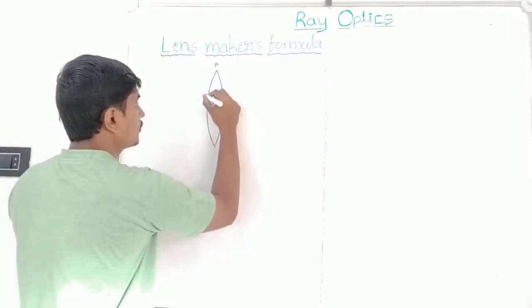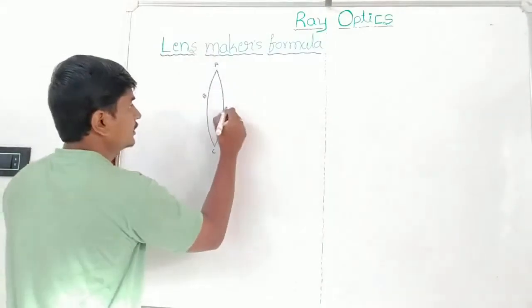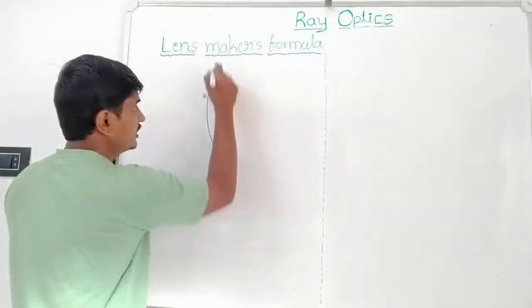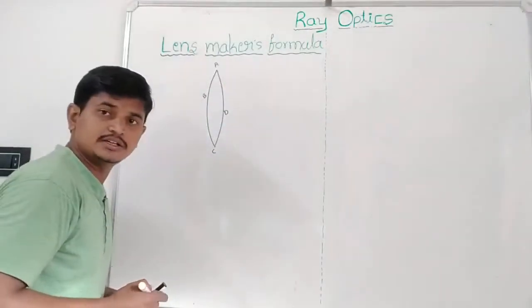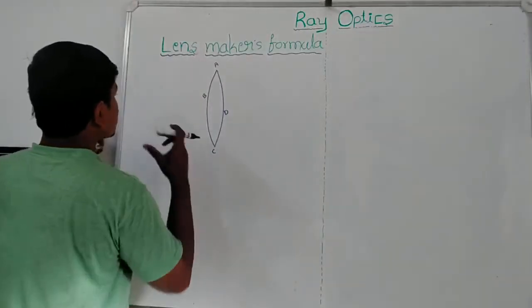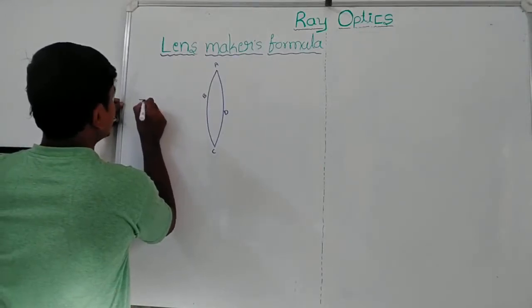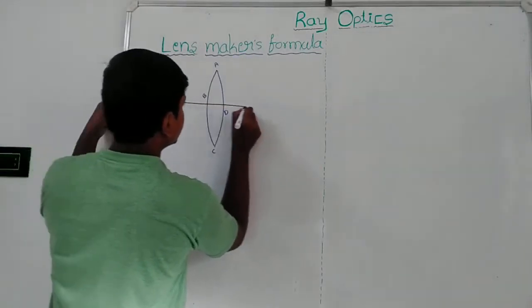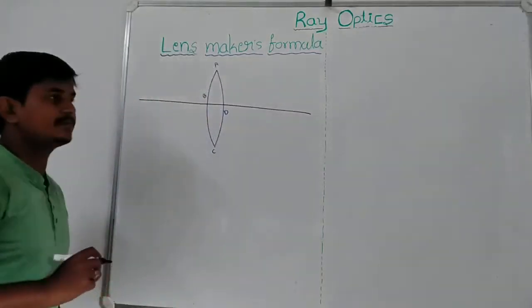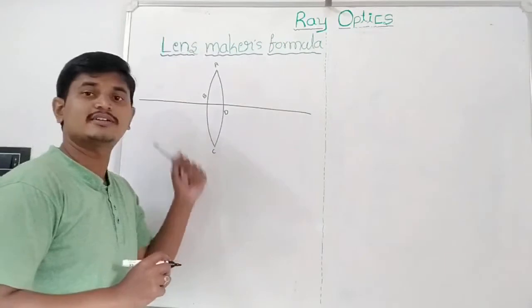A, B, C is one surface, and A, D, C is the other surface, and there is a principal axis. This is the principal axis, nothing but the line that passes through the centers of curvature.